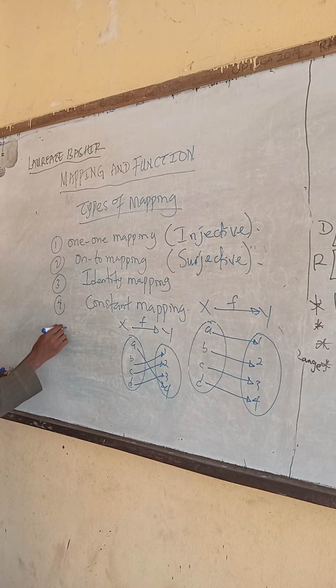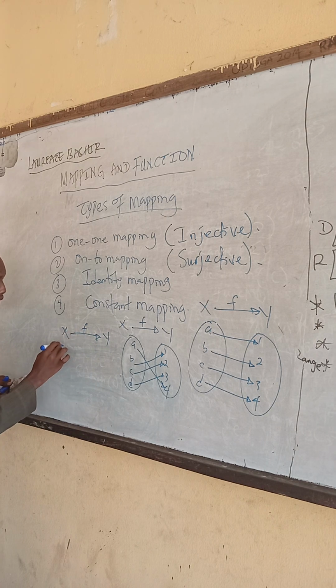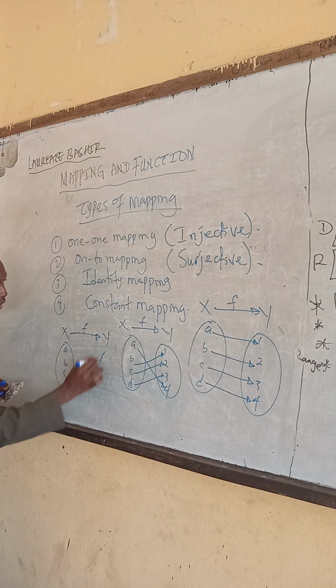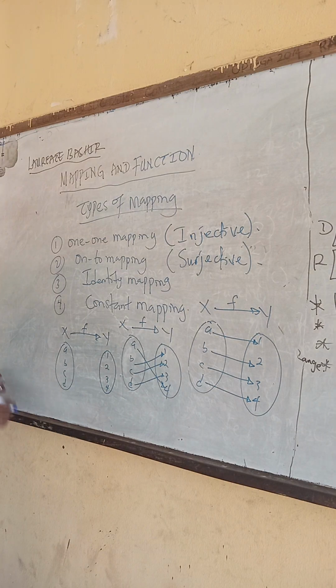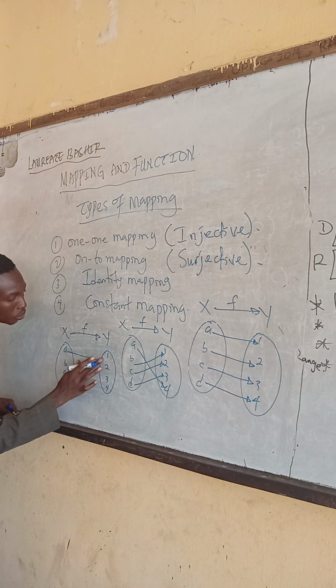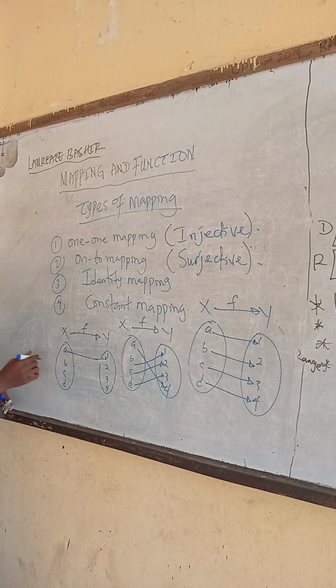I'm having x, then I'm having y function. So I'm having a, b, c, d, then I'm having 1, 2, 3, 4. So let's now say this domain produces this.